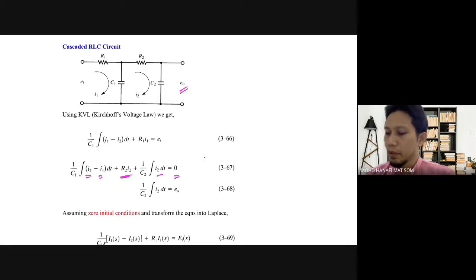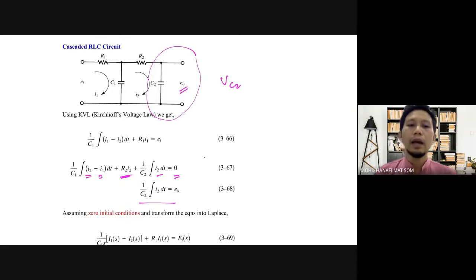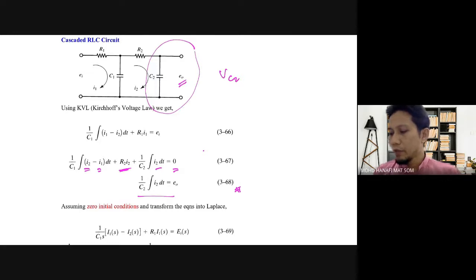Like the previous example, Eo is actually the voltage of capacitor C2. So we have 1 over C2 integration of I2 dt equals Eo. Now we have equation 3.68. All right, we have 3 equations.